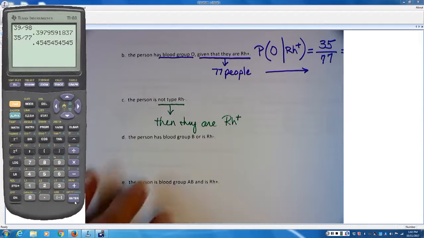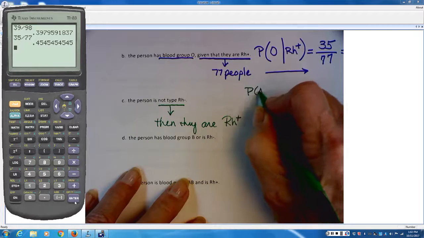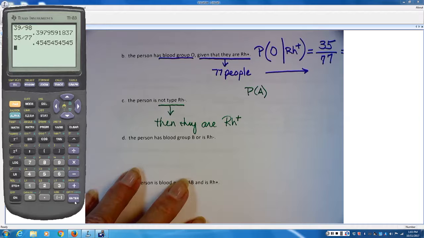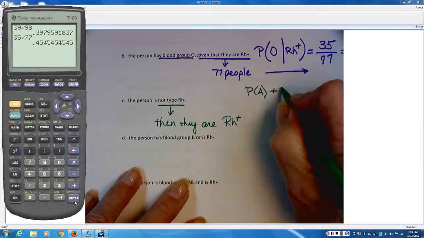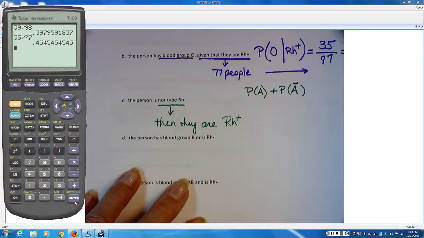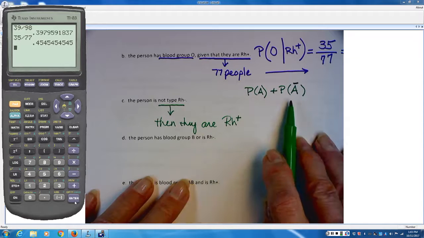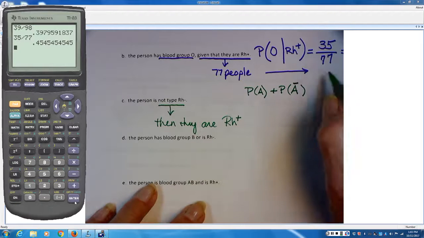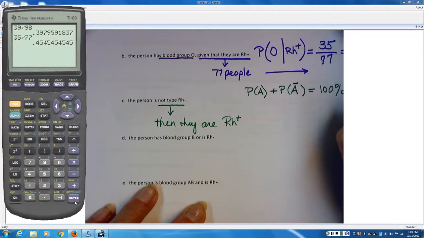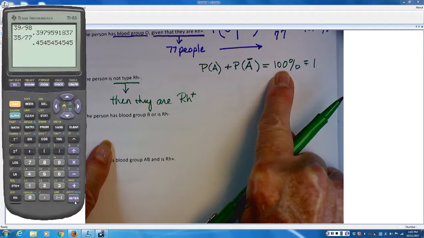The complement rule says that if you have the percentage of people that do have something plus the percentage of people that don't have something, and we usually write that as a line over the top, so this is the probability of having type A plus the probability of not having type A, if you add those two together, you should come up with 100%, or 1. The reason for that is because you can't have probabilities that add up to more than 100%.